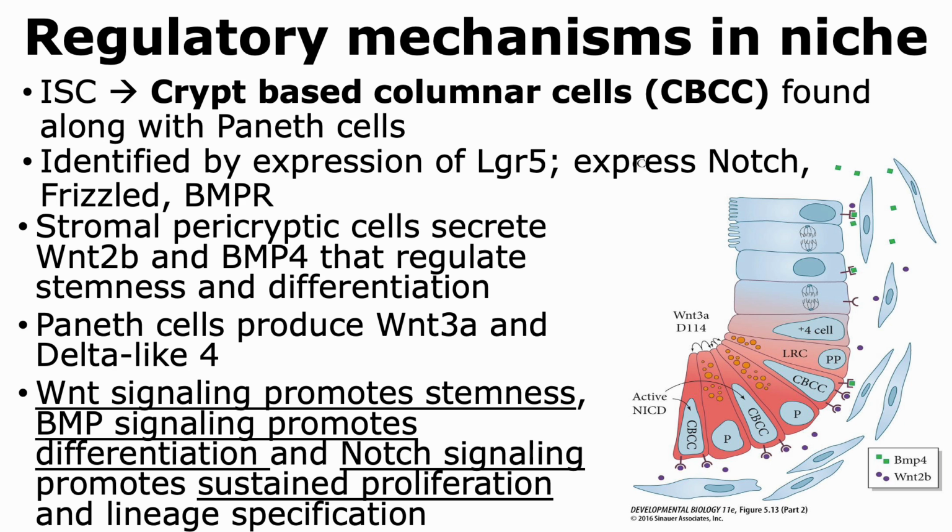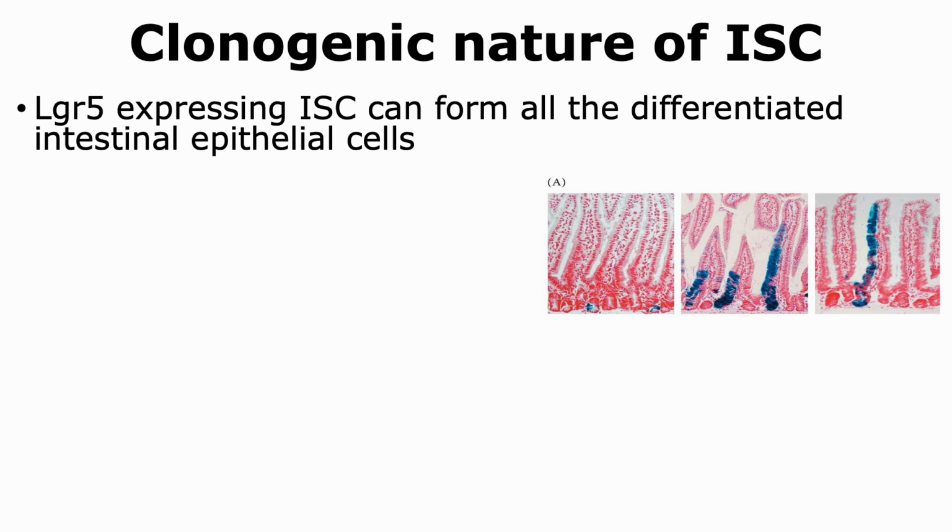On the other hand, BMP4, which is produced by those stromal pericryptic cells, promotes differentiation. Notch signaling, which is sustained through delta-like 4 signaling, promotes sustained proliferation and lineage specification, and hence Notch signaling allows the cells to differentiate into the intestinal epithelial cells.